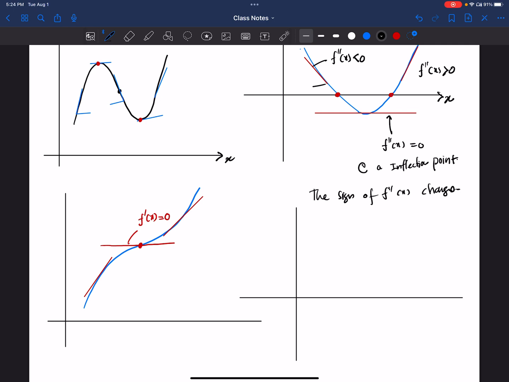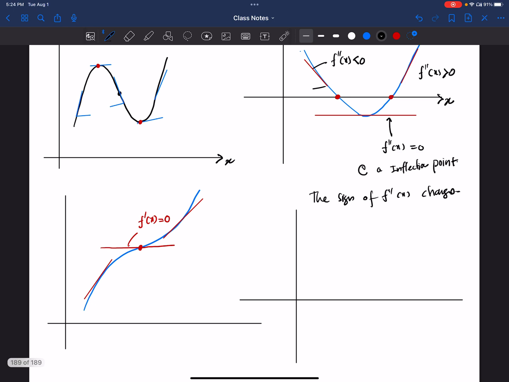So we have a condition where f prime of x is positive, right? You have a positive value for f prime of x.